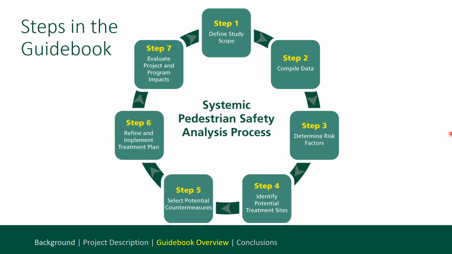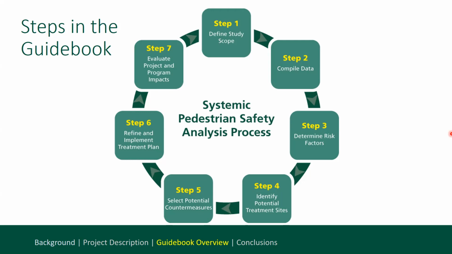And based on that compiled data, you identify risk factors, and then you identify potential treatment sites. Some of those step 4 sites might be hotspots, but a lot of them might not be hotspots. Okay, so you have to look at that holistically, look at your whole network and identify potential treatment improvement sites, and then potential countermeasures that you can implement system-wide.